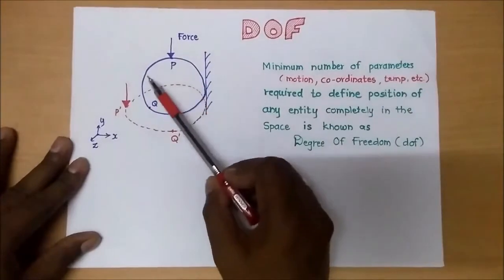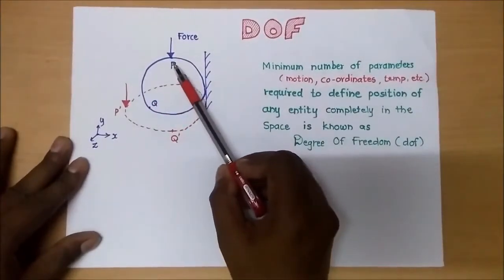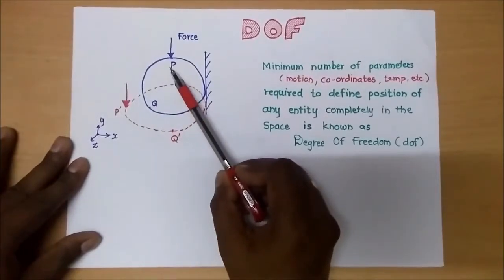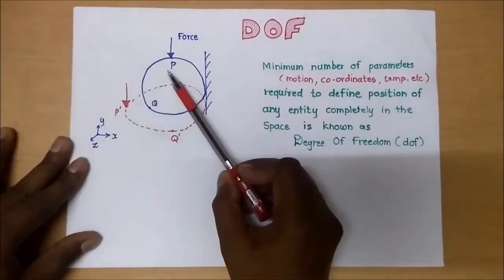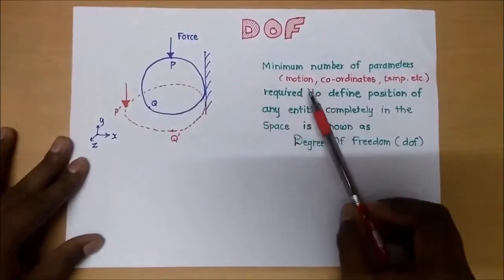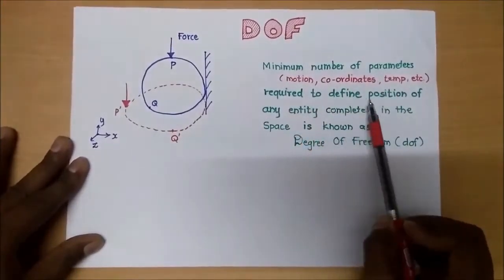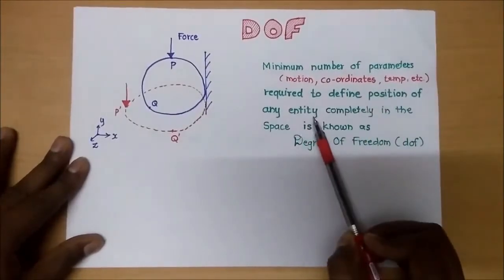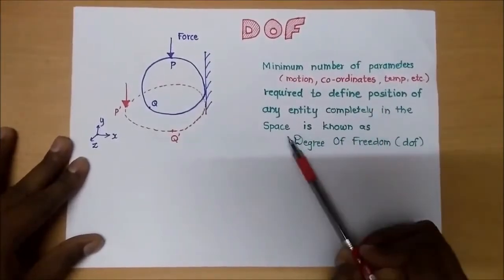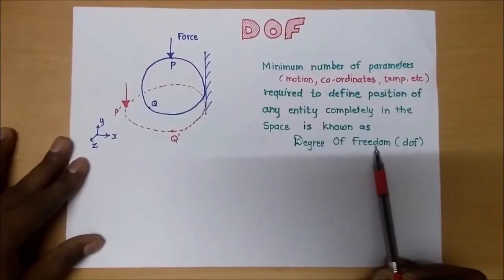For this example, these are the coordinates which can be defined so that we can find the exact position of these points. The minimum number of parameters required to define the position of any entity completely in space is known as degrees of freedom.